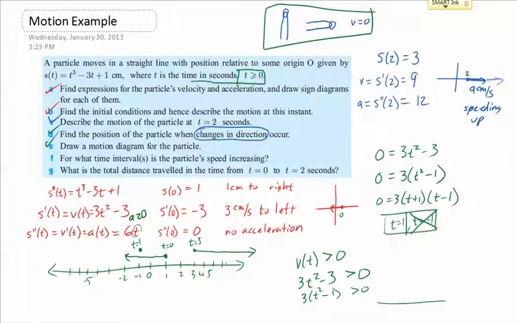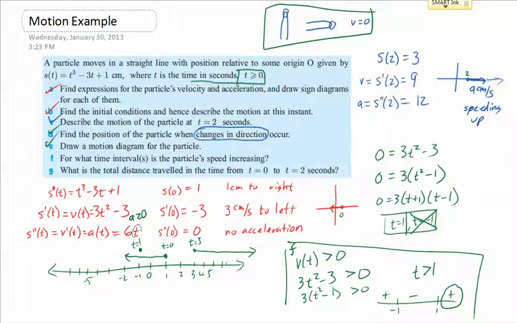And so then if we look at the sign diagram at 1 and negative 1, if I plug 0 in, at 0 I have a negative, which means I have a positive speed when t is greater than 1. And so this right here will help us to answer F.